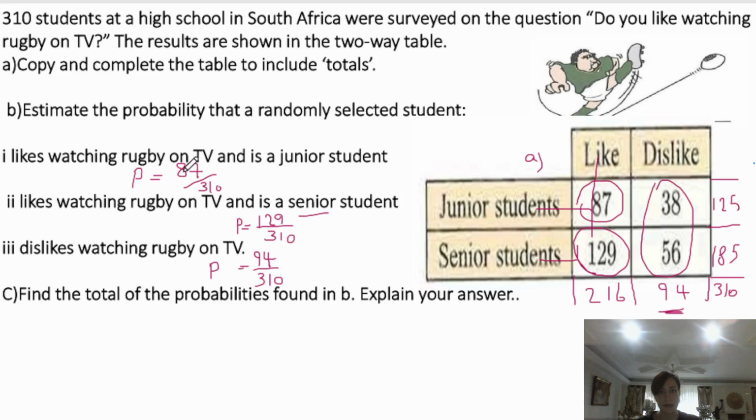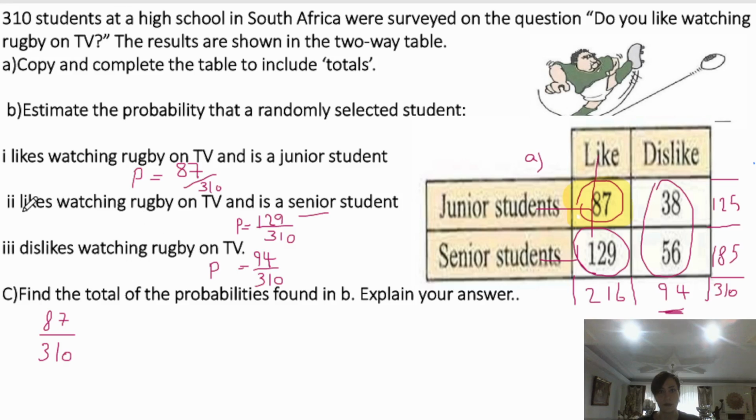I get 87 over 310, which I said would be here. I will highlight here. Okay, 87, the students who like it and are junior.